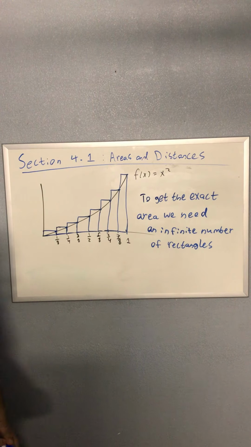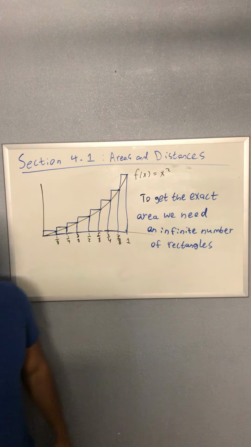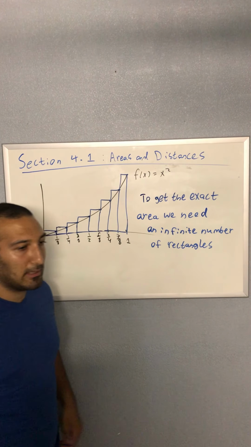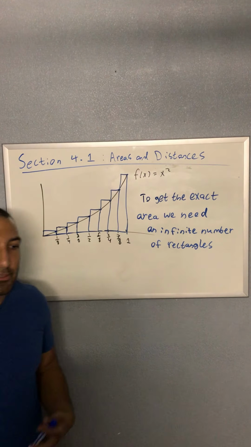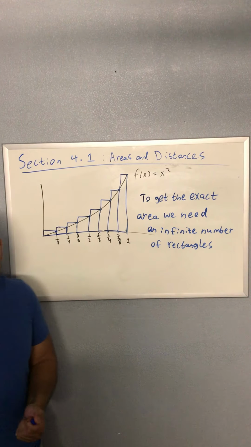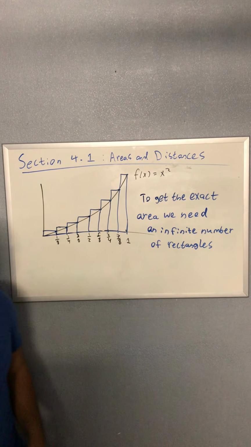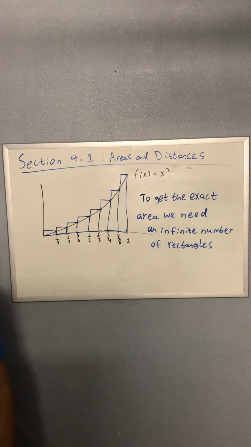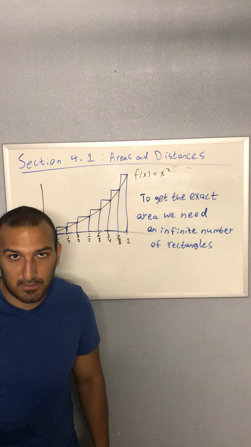Now, dealing with infinity is very difficult in general, but in Calc 1 we came up with this concept that basically allowed us to do an infinite process, and it was the limit. So we're going to use the limit to help us figure this out.